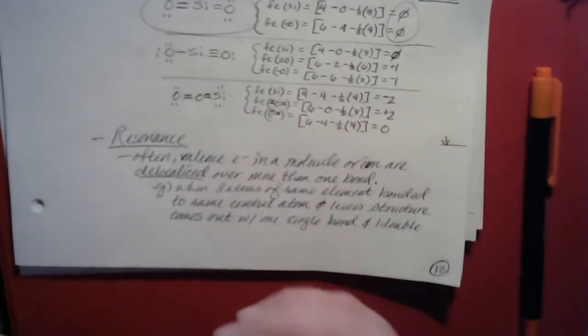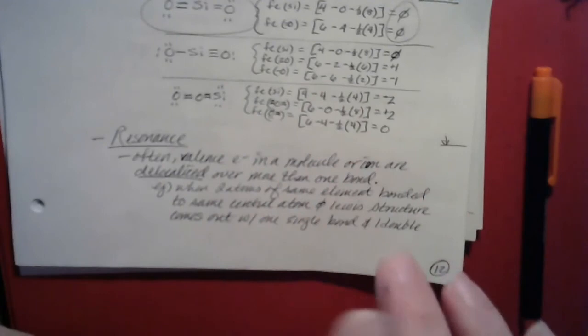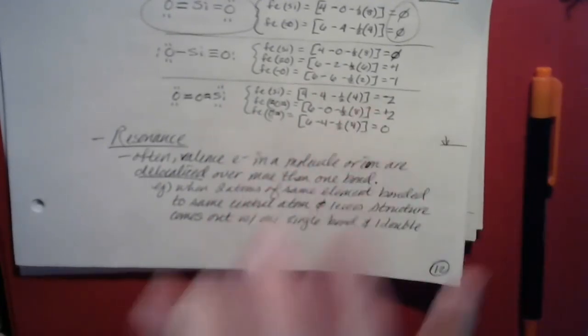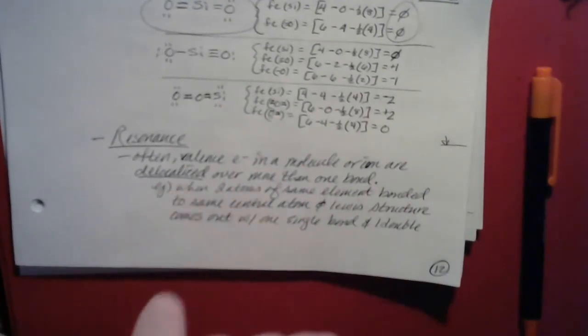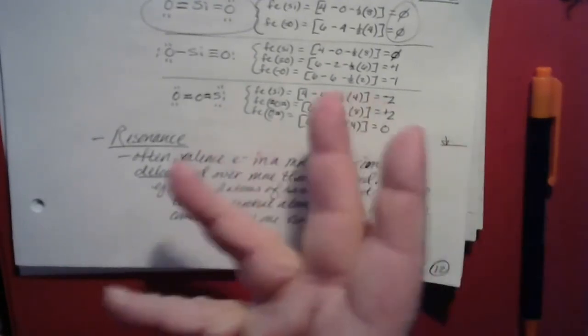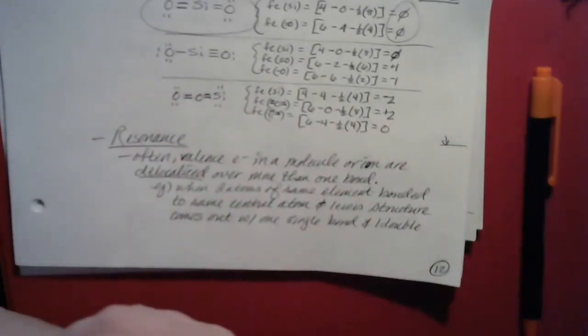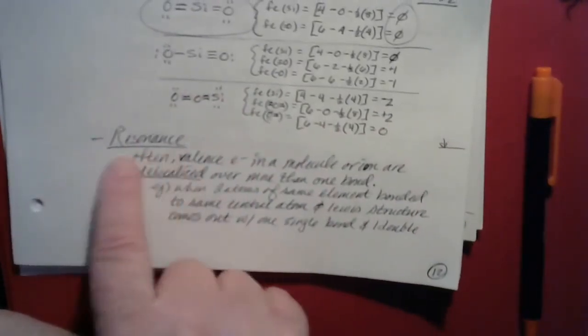And sometimes the electrons in the bonds between the central atom and the outer atom are not as fixed in place as the normal Lewis structure would imply. Sometimes those electrons can actually spread out over more than one bond, or between more than 2 atoms. And that ends up being what's known as resonance.